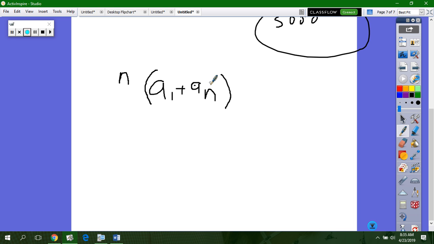N, because if this is like the 100th term, then this would be 100, wouldn't it? Does that make sense? Over 2, because he's putting them in pairs, is the sum of that sequence. This is something you will have to memorize for your test. But hopefully the story can somewhat help you in what he did. Okay, adding the first term, the last term, and multiplying by however many terms, and dividing by 2.